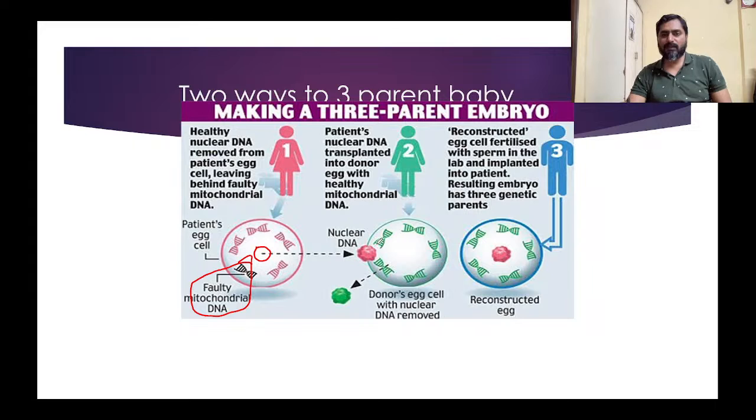We have taken another mother. So this is the donor mother, and this is the original mother. We have taken the egg cell of this donor mother, which has all healthy mitochondria or healthy mitochondrial DNA. The donor mother's nucleus is removed.